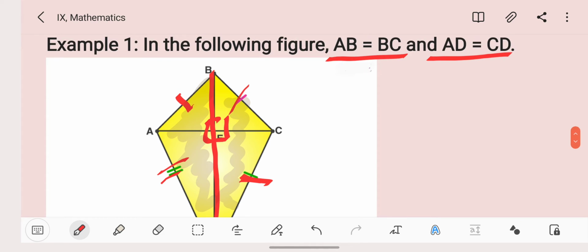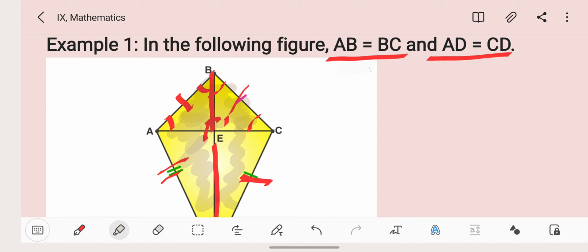So by CPCT, this angle is equal to this angle, isn't it? Right? Now you take these two triangles together, the above one, triangle ABC. If you take these two triangles, what will you have? BE equals BE, which is common.